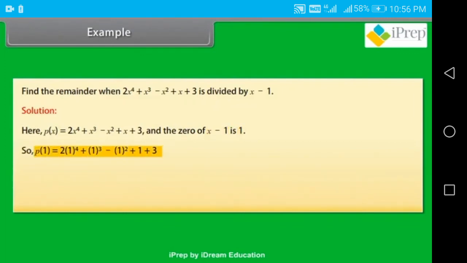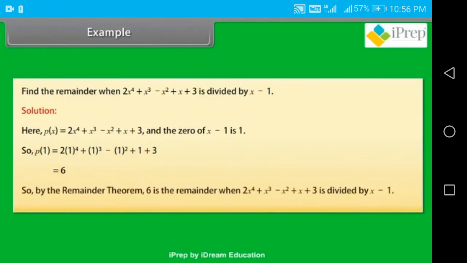So, p(1) is equal to 1 raised to the power 4 plus 1 raised to the power 3 minus 1 raised to the power 2 plus 1 plus 3, which is equal to 6. So, by the remainder theorem, 6 is the remainder when 2x raised to the power 4 plus x raised to the power 3 minus x squared plus x plus 3 is divided by x minus 1.